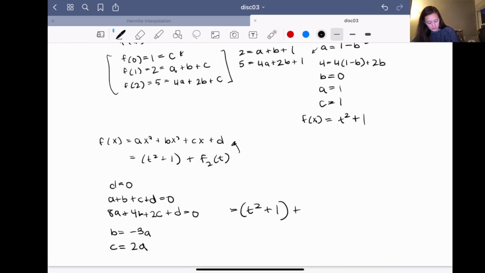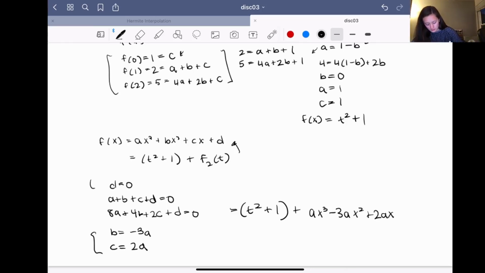plus f2. What is f2? Well, we'll plug in these here. So we'll get a x to the 3 minus 3ax squared plus 2ax, and then plus 0.